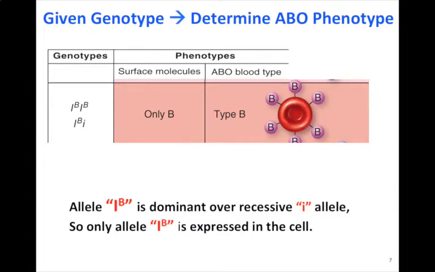In a similar fashion, the IBIB genotype and the IB little i genotype will cause the cell to express only the B antigen, and therefore the cells will be considered to be type B blood.